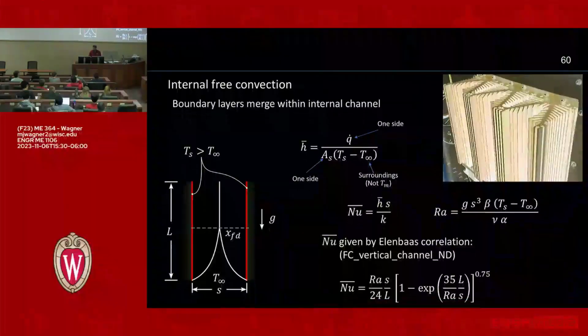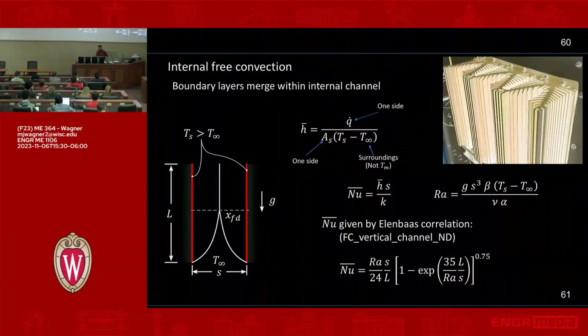Okay, last slide, and then I think we'll wrap up here, is the internal free convection. What I'm showing here is a heat sink. If you go over to any of the power electronics labs over in the EC department, or this happens to be in my lab, this is a heat sink that's on the back of some testing equipment.